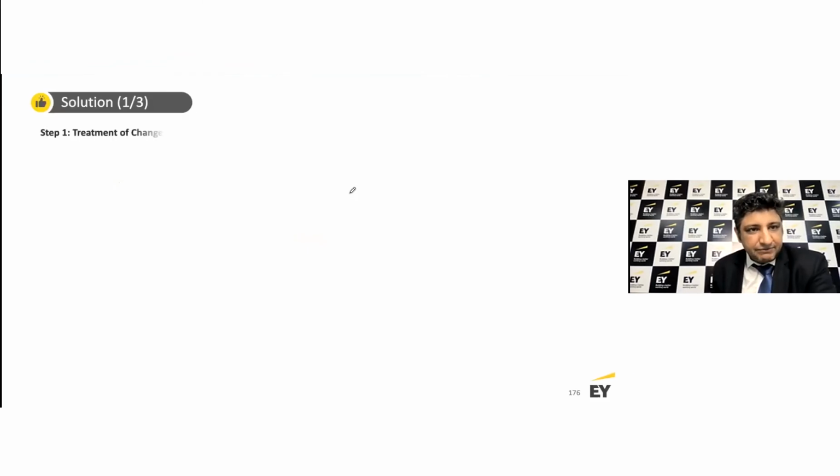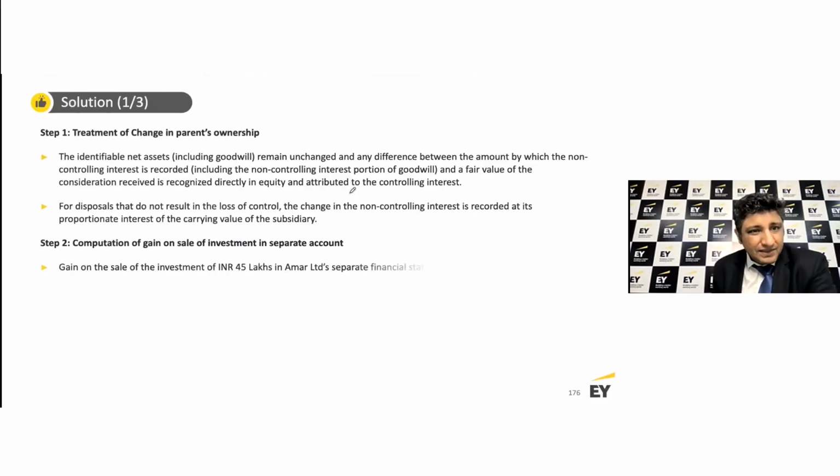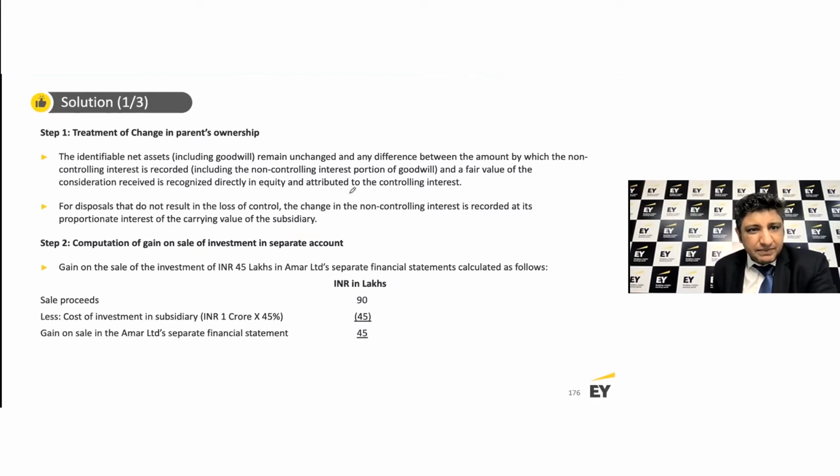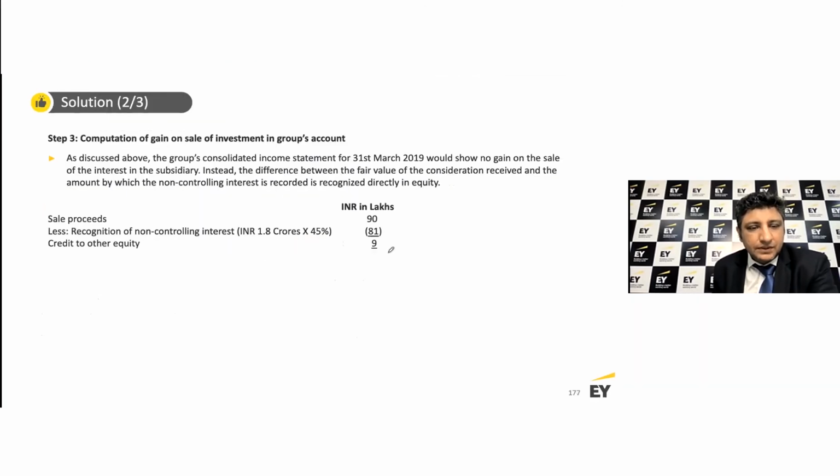Okay. And that's what we have got. It's a change in the equity. So simply means we are talking about the gain on sale, which arises, of course, to the extent of 9 lakh rupees. The group's consolidated income statement would not show the gain, but of course it is credited to the equity portion. That's something we need to pick up there, right?